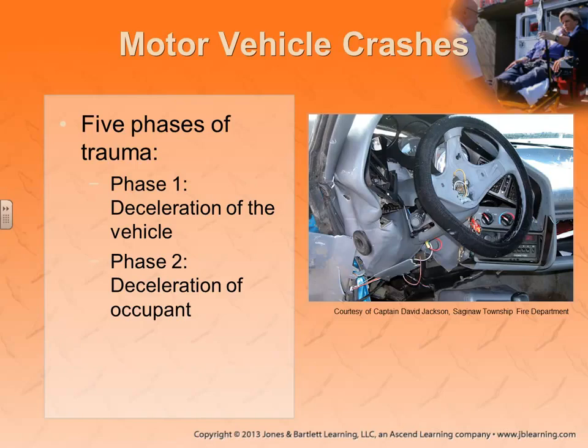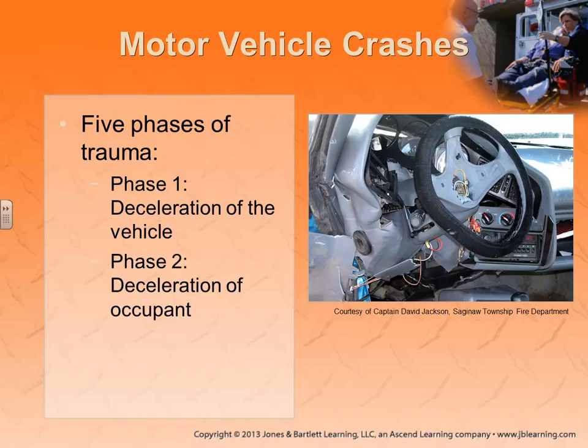You've got your phases of trauma. Phase 1 is the deceleration of the vehicle. Phase 2 is deceleration of the occupant. Does the occupant and the vehicle stop at the same time? No. All right. Phase 1, the vehicle strikes another object and is brought to an abrupt stop.